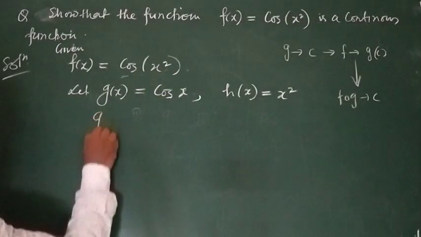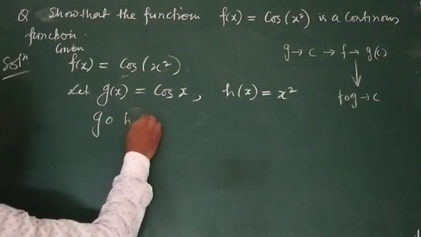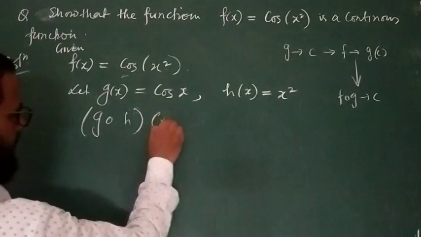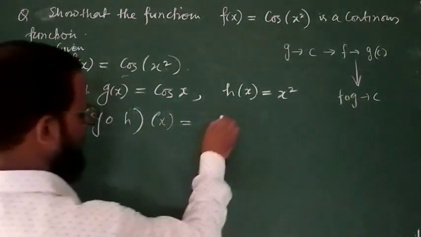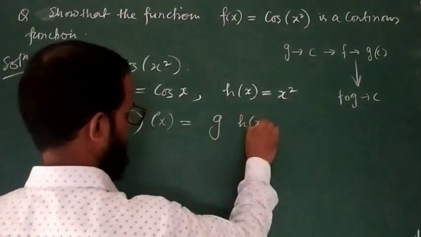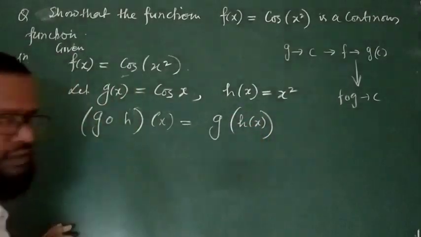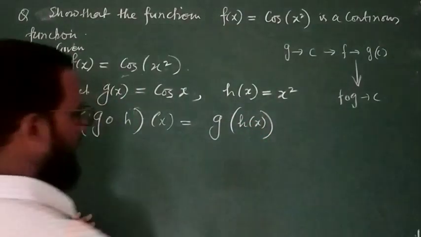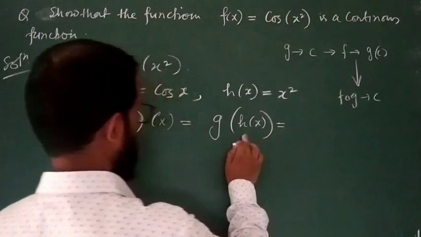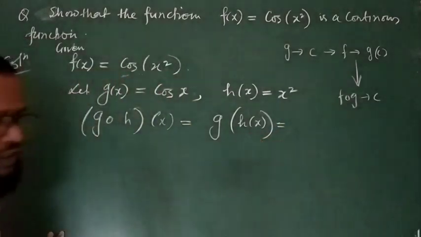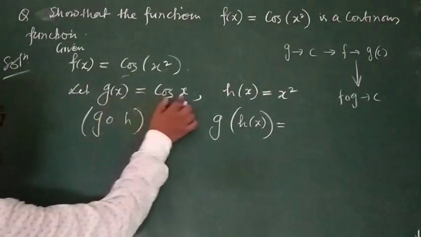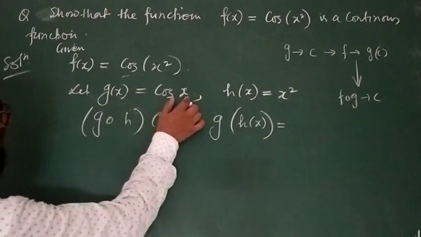So g composite h of x, as per the definition, is g of h(x). I have discussed this in the last live class. And how to get g of h(x)? Your function is g(x) equal to cos x.